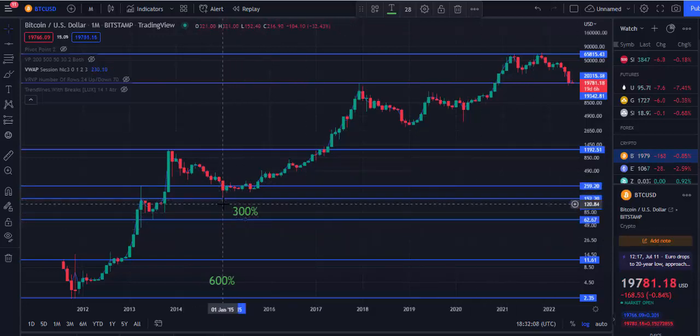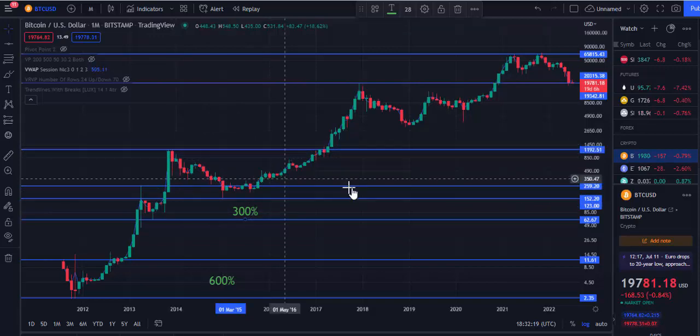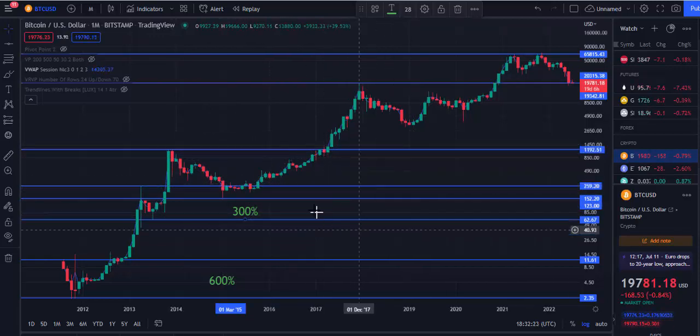Bitcoin retraced back down to 150. So on this 150 here, we're still going to calculate what you would have gained from this 150 to the previous all-time high of 1001.